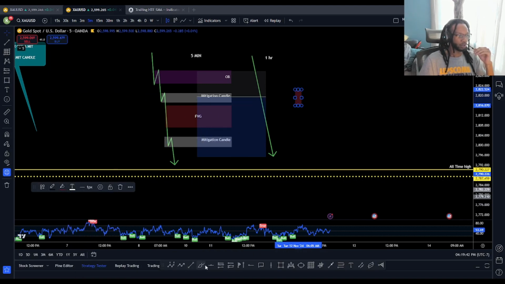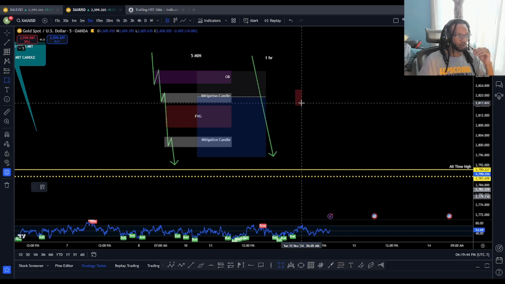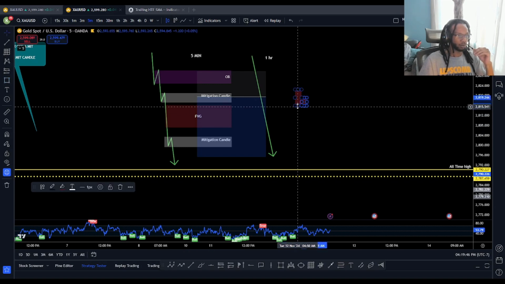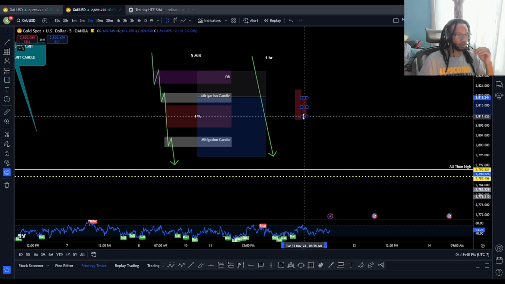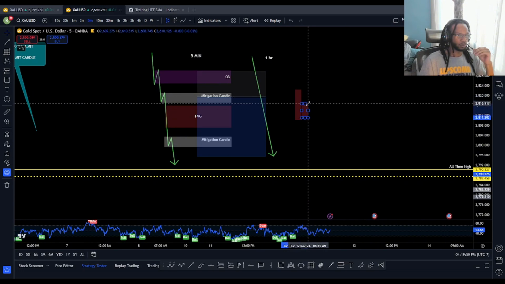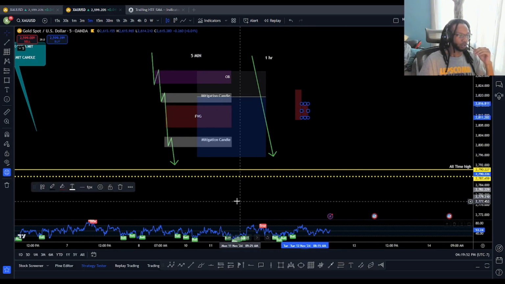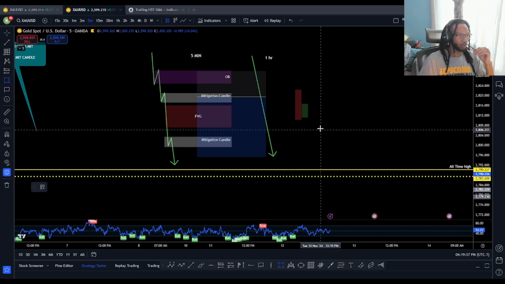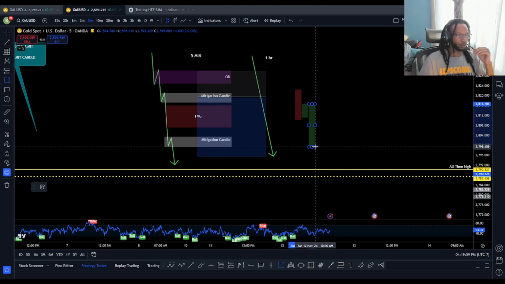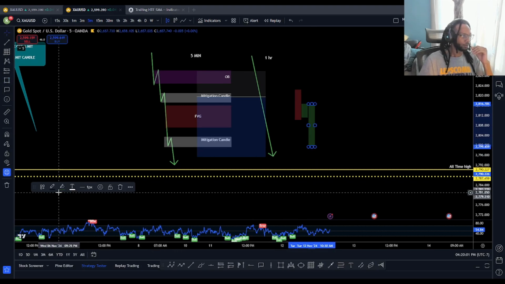And that should be red. I'm actually gonna make this longer. And that should be green. And that's red.